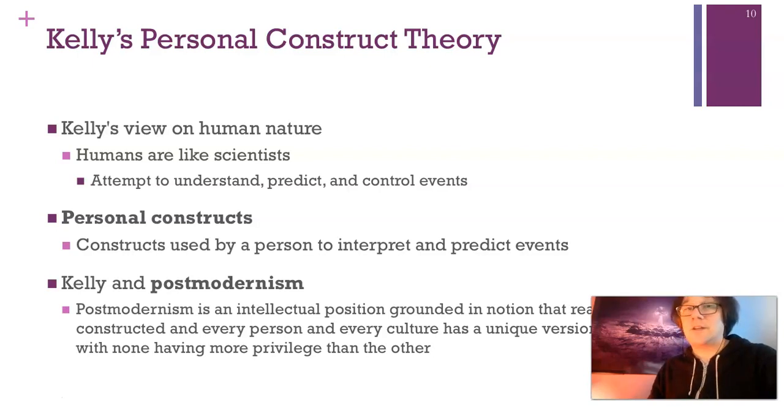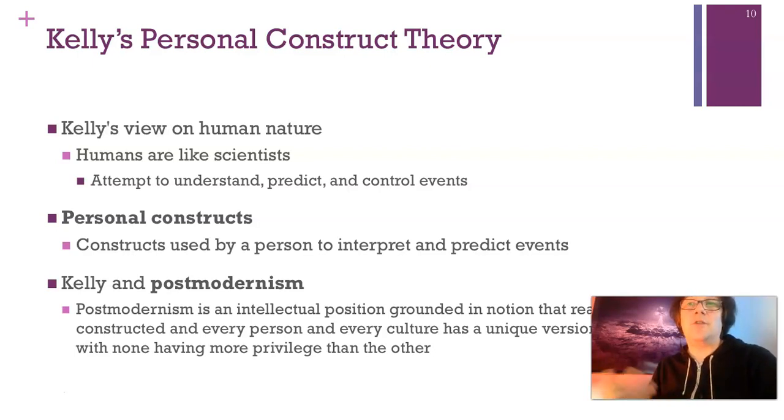In the notion that Kelly is postmodern, George Kelly was a postmodernist. People will see his theory as being a postmodernist theory, because he essentially said that we kind of create our own worlds. We all perceive and interpret our environments very differently.